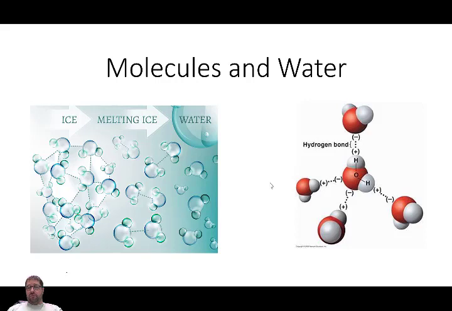Hydrogen bonds are weak bonds. We'll come back to this in a second. They're weak bonds, but collectively, when you've got lots of them, once these items bond up and form ice, that ice can be very, very strong. We're going to come full circle and talk more about water as we progress through the lecture.